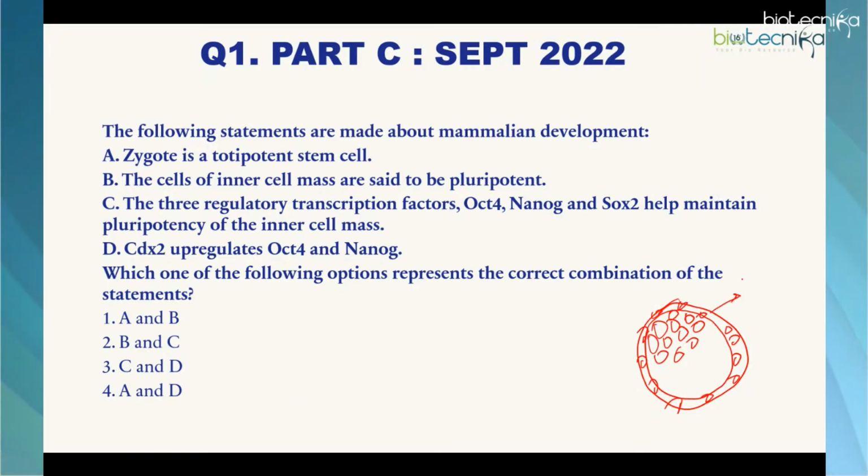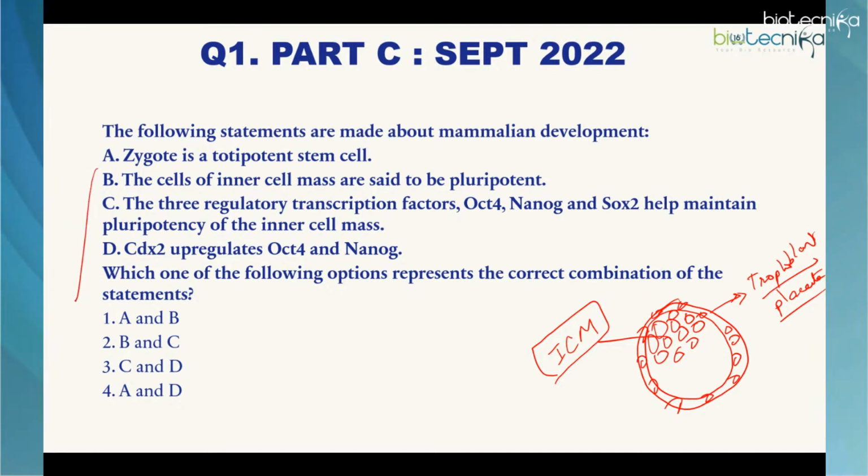These peripheral cells are the trophoblasts. The inner cell mass gives rise to the embryonic structure, whereas trophoblasts mainly give rise to the placenta and extraembryonic membranes. A few statements are made regarding the factors that make these cells undergo the function that they are supposed to. Which one of the following options represents the correct combination of statements?